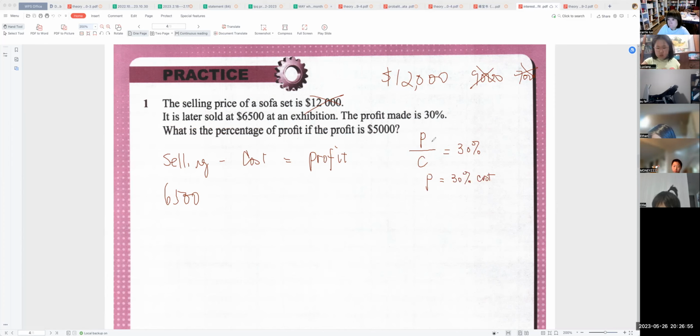Correct? Because profit divided by cost equals 30%. So profit equals 30% times cost.